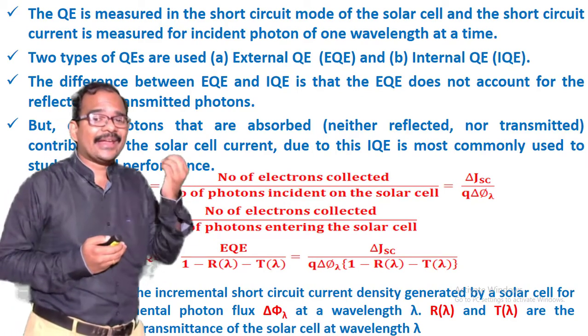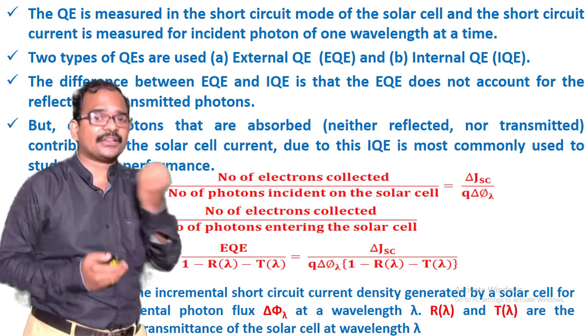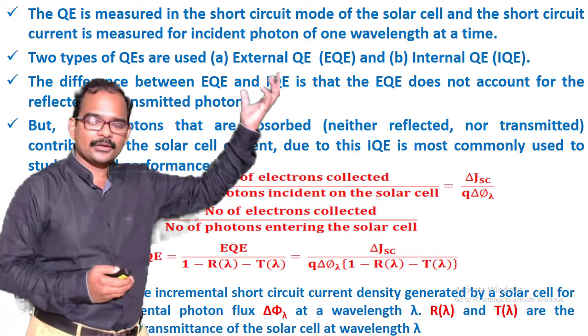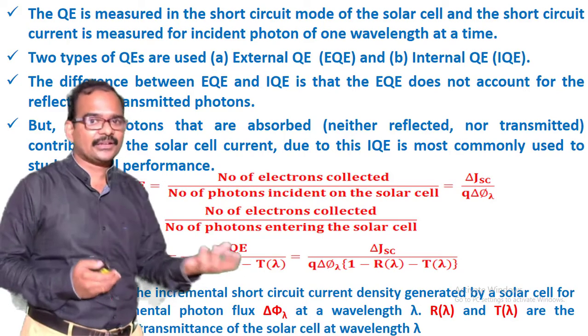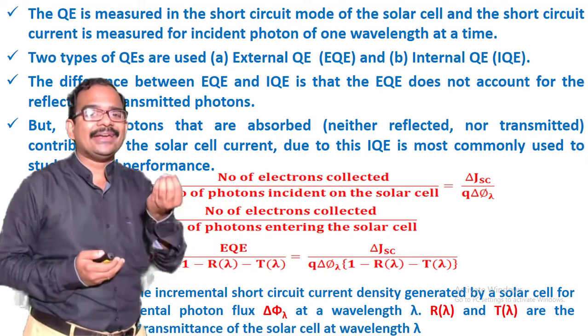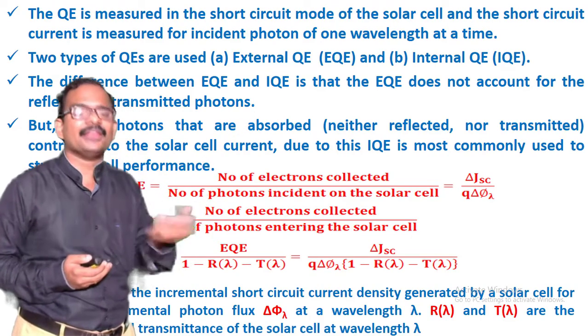This external quantum efficiency does not take into account the reflected and transmitted photons. It will take the total photons falling on a solar cell, that is 10. And out of this 10, only 8 electrons are liberated, and thereby 8 by 10 will be 80%.